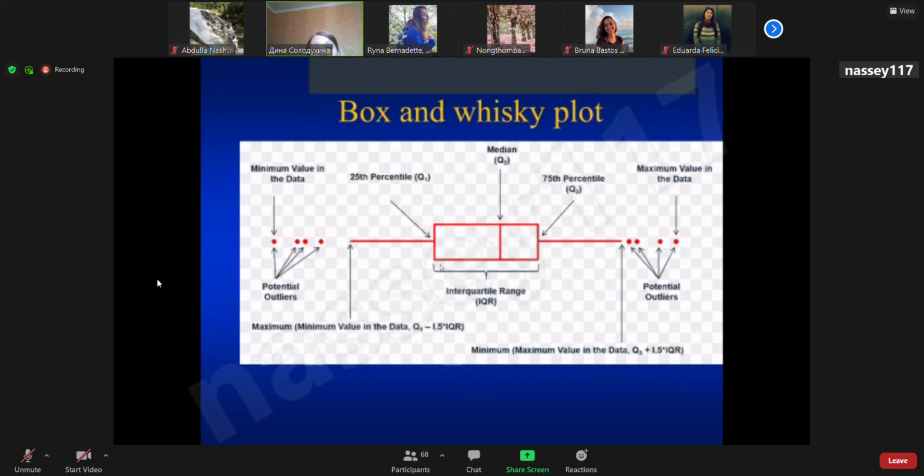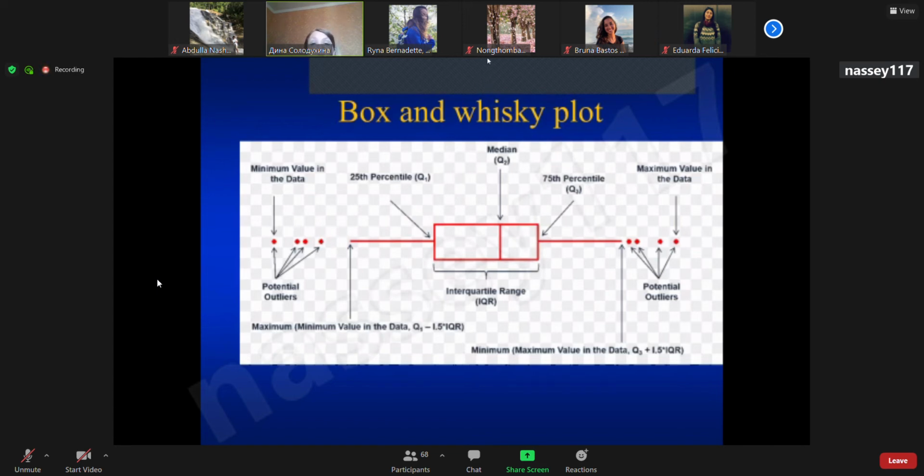The line which divides the box into two parts is the median. Generally, this graph is very good because you see a lot of information from one picture. Potential outliers are shown by dots, and they lie outside of 3 standard deviations.